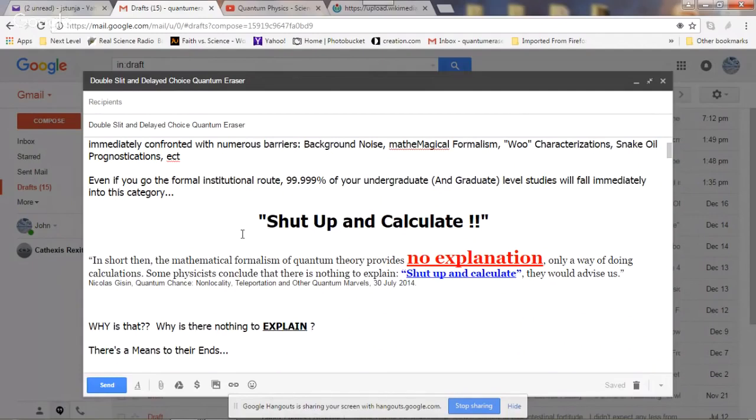Mathematics can only describe. He goes on to say, "only a way of doing calculations." That's all it does. Some physicists conclude that there is nothing to explain. Shut up and calculate, they would advise us. Well, wait a second. This is physics. We need explanations, not descriptions. Any idiot can describe something. It takes a different category and a little bit more acumen to explain something.